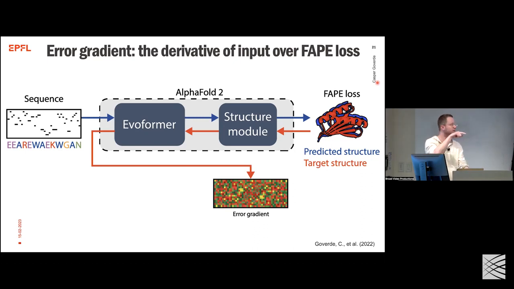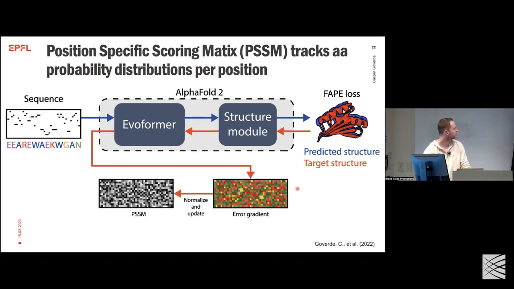But you can also retrace this all the way back to your input and keep the weights fixed. So you start updating your input. By taking this derivative, you get an error gradient, and this error gradient can be used to create a PSSM, which stands for position-specific scoring matrix.